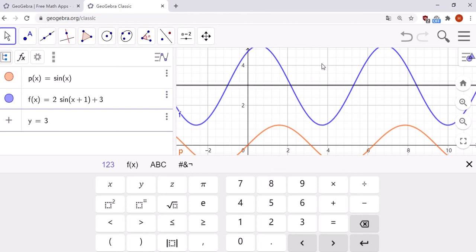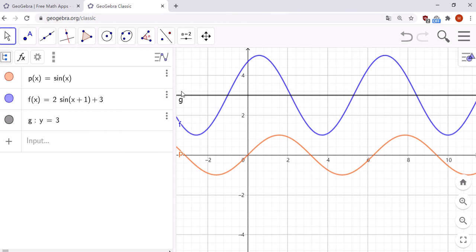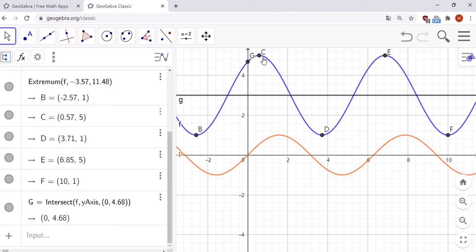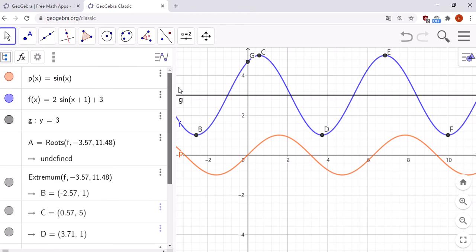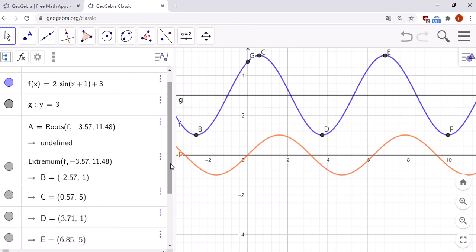Next we are going to find the special point, the critical point here. C is the maximum point, D is the minimum point. C's maximum value is 5, and D's minimum value is 1, because 2 plus 3 is 5, negative 2 plus 3 is 1.